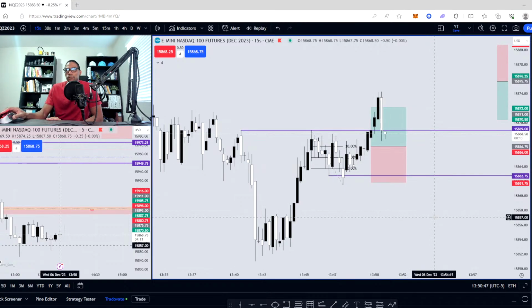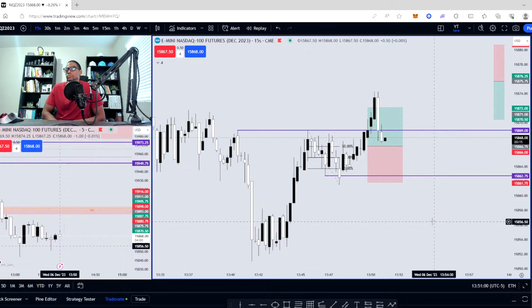Okay. It's a fast moving candle. I don't typically like those. Let's see if it taps us in at 30%. Okay, that would be the tap in at 30%.